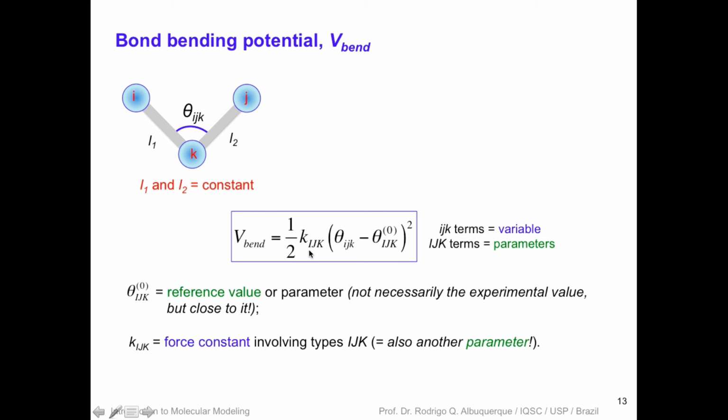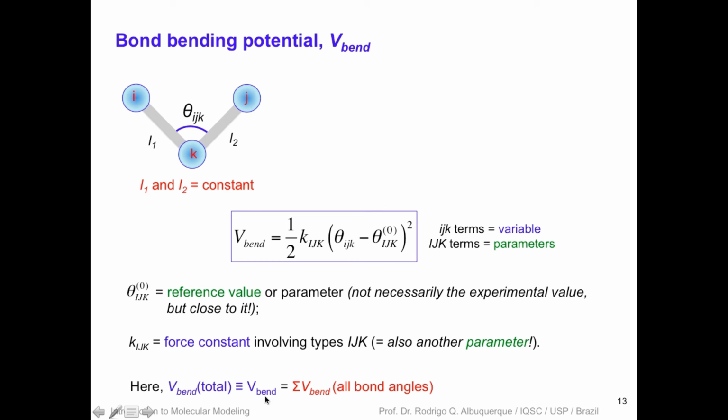Here we have a force constant, which depends on the 3 atom types I, J, and K. And here we have another parameter, which is the reference bond angle, which also depends on atom types I, J, and K. The only variable of this equation is theta, which along a simulation, for instance, or along a geometry optimization can change. So this term you can calculate by this equation, and this reference value is not necessarily the experimental value, but it's close to it.